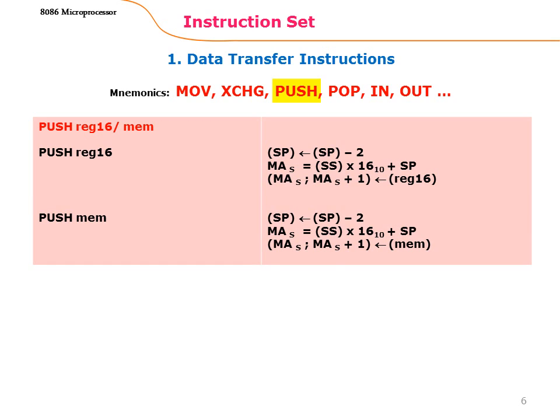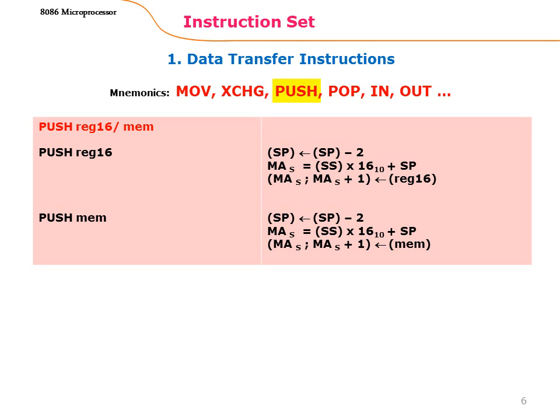Push instruction is used to push the contents of a register onto the stack. The important note about the push instruction is that it can hold only a 16-bit register or a 16-bit memory. That is, push a 16-bit register and push from the memory location.